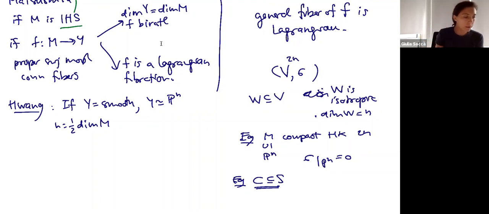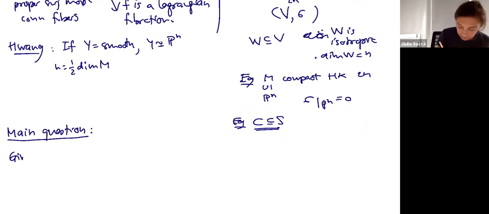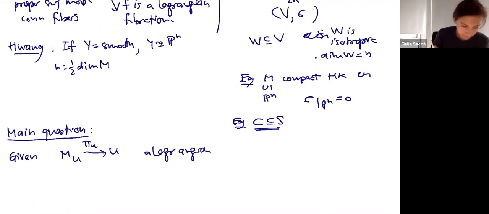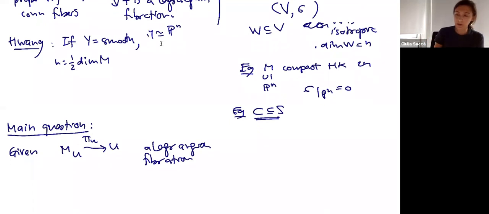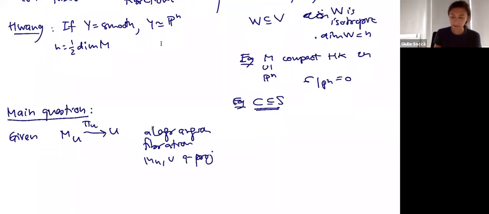So what is the main question that I want to address today? Given, and I'll use this notation, a Lagrangian fibration π_U from M_U to U, and now compared to what I was asking earlier, I want M_U and U to be quasi-projective. So M_U is not just Kähler, but quasi-projective.